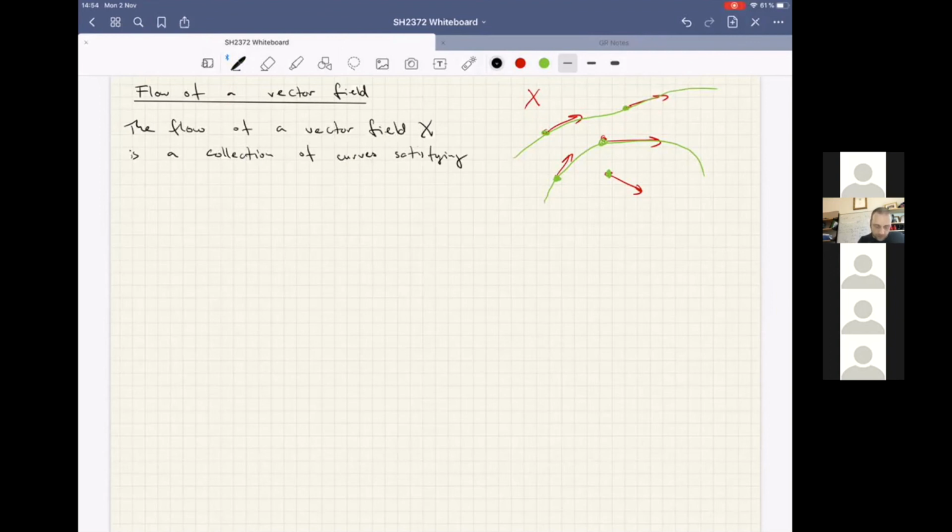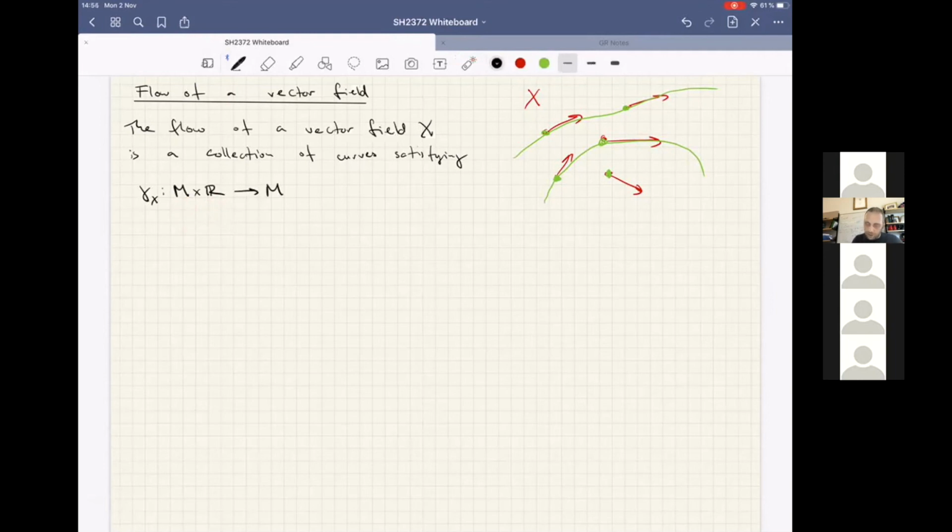Let me call it gamma X. So it depends on X, and it's going to be a function from M cross R to M itself. The real parameter here is going to be the curve parameter, whereas the element of the manifold itself is going to tell us which curve we are on.